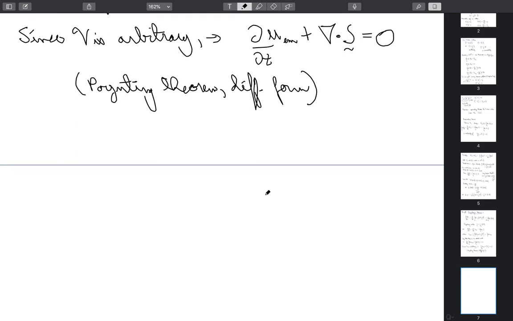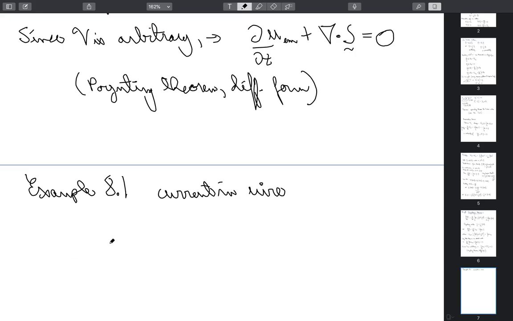But maybe before I do that, actually, I should just do, for example, the little case that's given in Griffiths 8.1, just to illustrate what that is. So it's about current in a wire. And what's the setup?